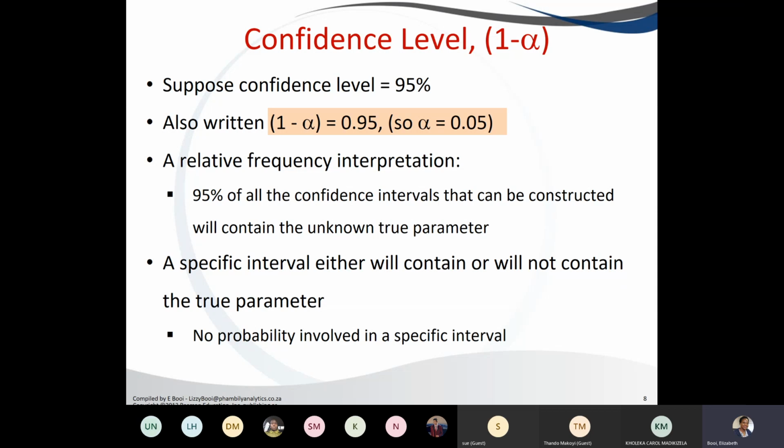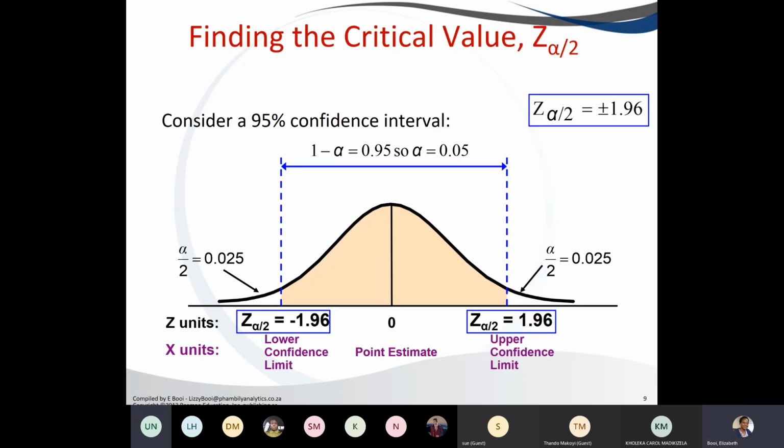Now let's learn how to find that critical value. Because we're doing lower intervals and upper intervals for the confidence interval, it means we have two sides for the critical value. And since we have two sides, our alpha has to be divided, because it has to be distributed in both sides.